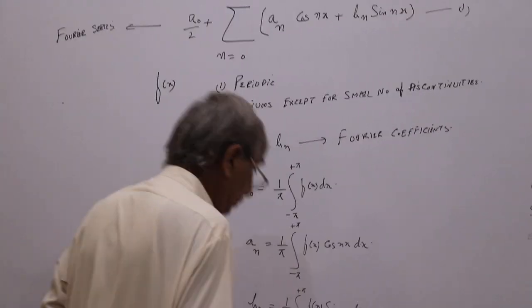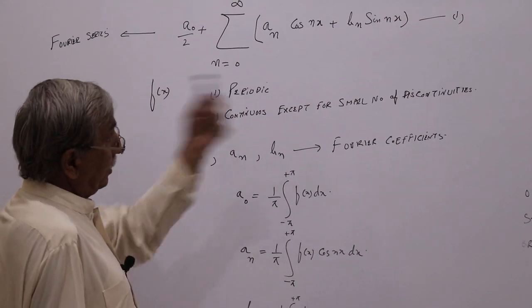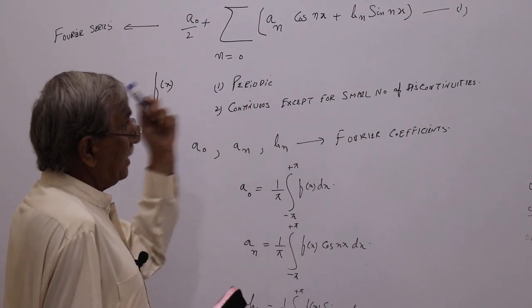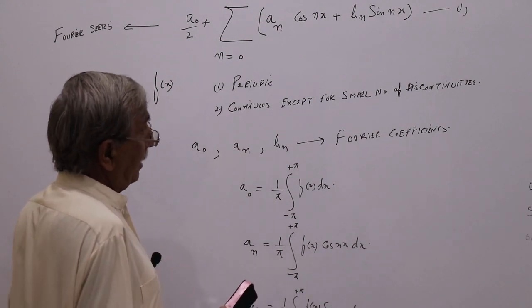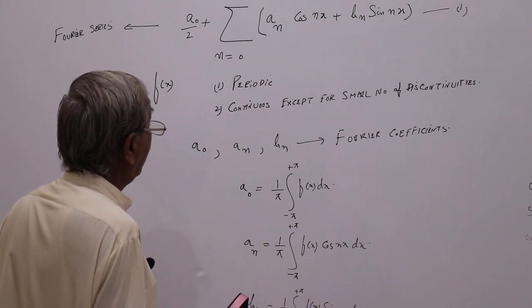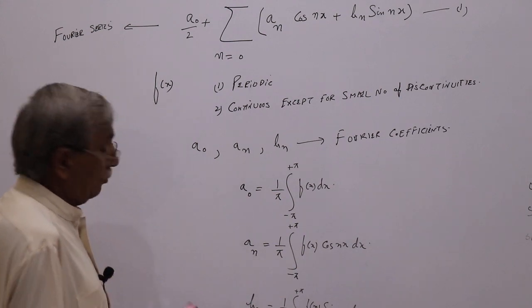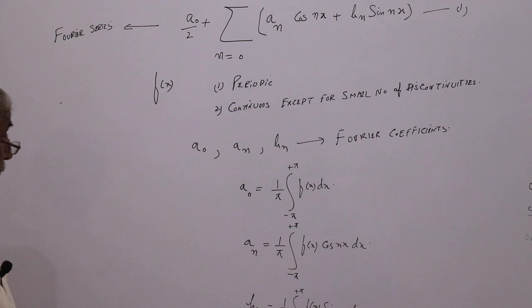Now I told you that in order to find the Fourier series of any f(x), whether it is even, odd, or neither even nor odd, we have to calculate these coefficients.